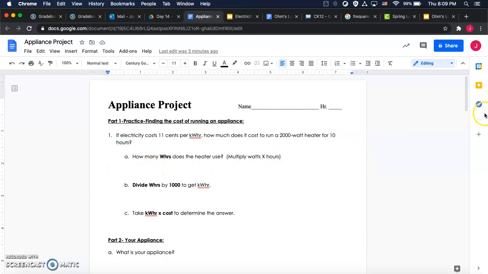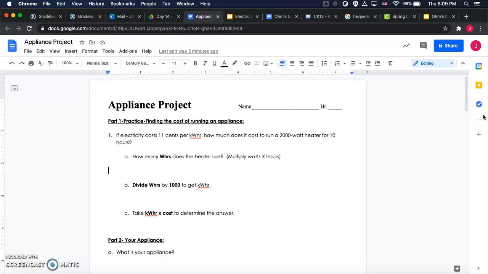Just to be clear, the reason we're doing this is so that you get some practice before you do it with the appliance that you choose. You're going to pick an appliance in your house and do this calculation to figure out how much money it costs to run that appliance for a certain amount of time.